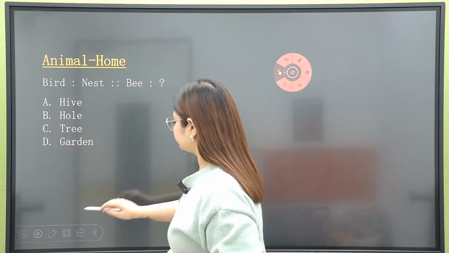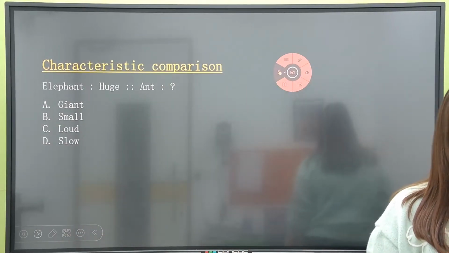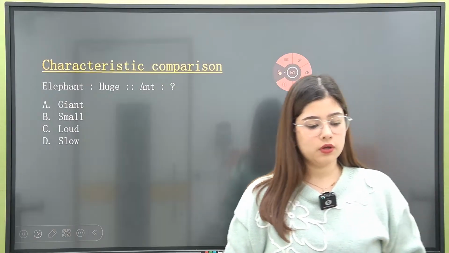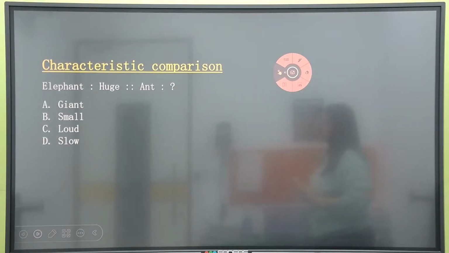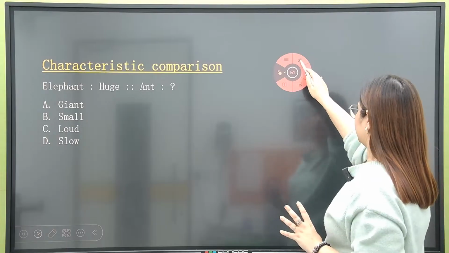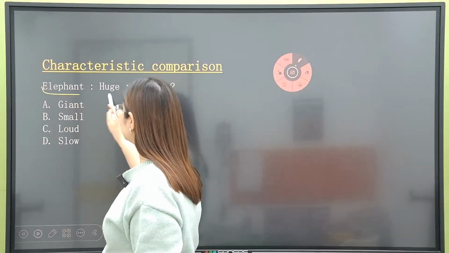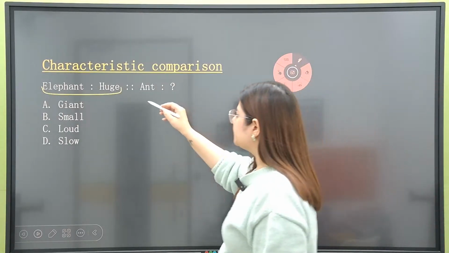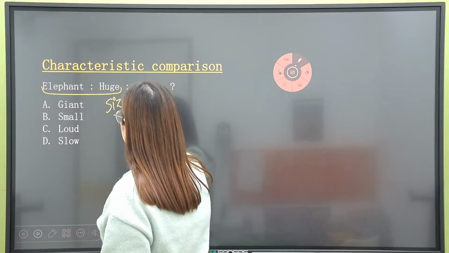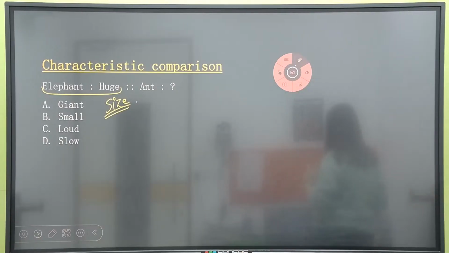Next, characteristic comparison. Now you are talking about a characteristic, but you're comparing the characteristic. So for example, if I say elephant is huge, I am comparing size here.